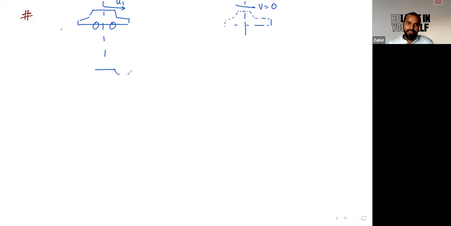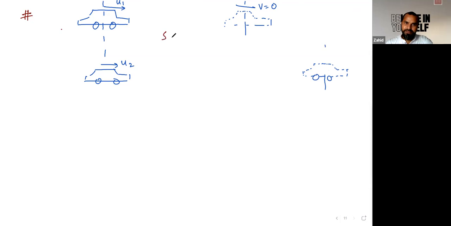Similarly, if this car is moving at a different velocity, let's say u2, it will stop at some different distance, let's say at this point.